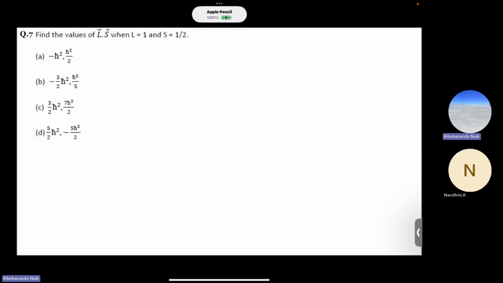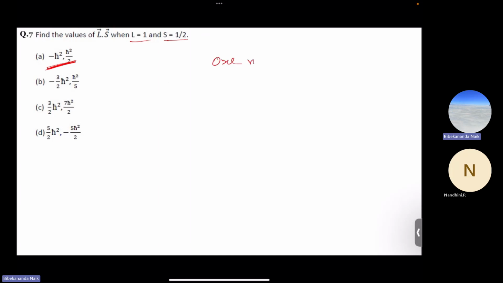Can you tell me the values of L vector dot S vector for L equals 1 and S equals 1/2? If you see here, L and S are given and there are two values of L dot S. How will the two values come?